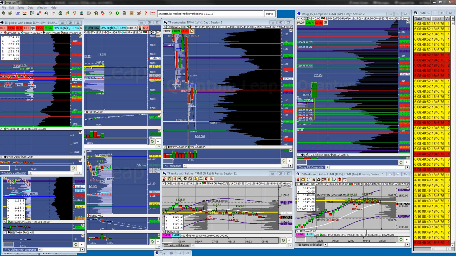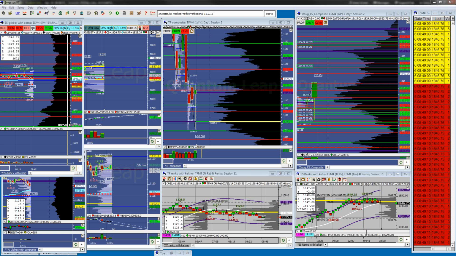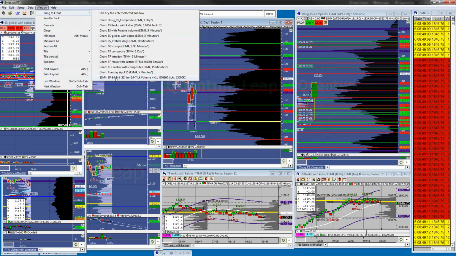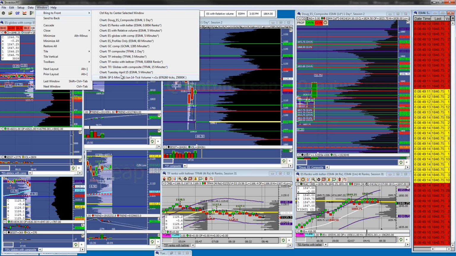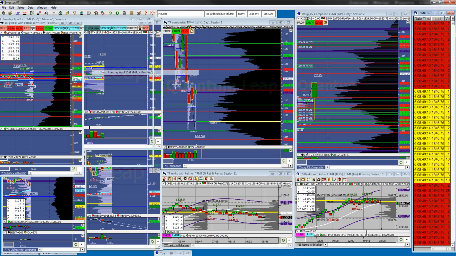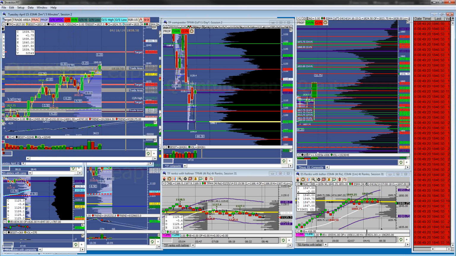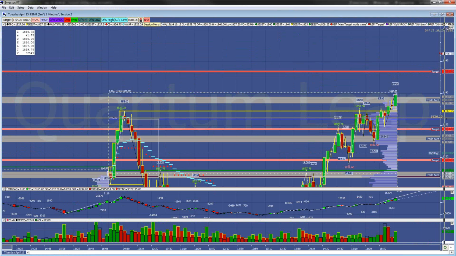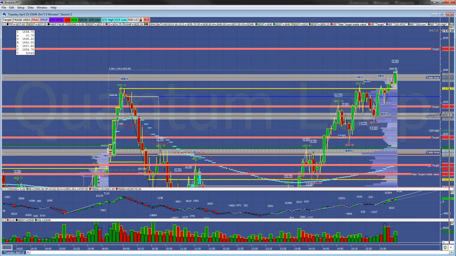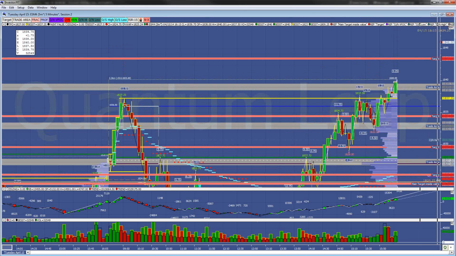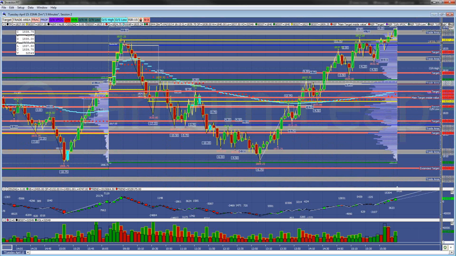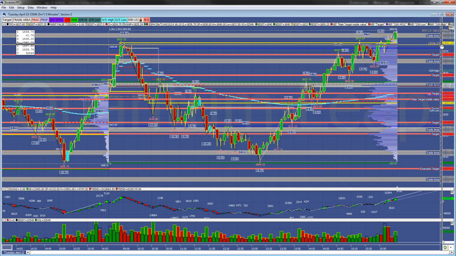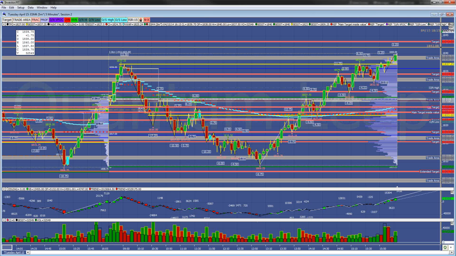All right, so I want to start today with the chart from yesterday. Our main hypothesis yesterday was an upward rotation into the triple distribution zone that surrounds those three undetermined fair values at 25.25, 29.50, and 35.25.